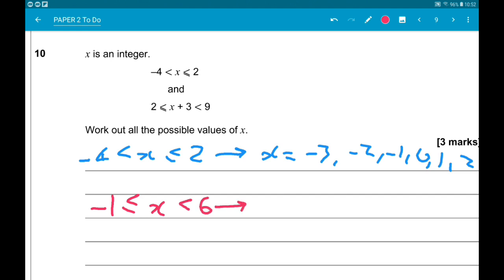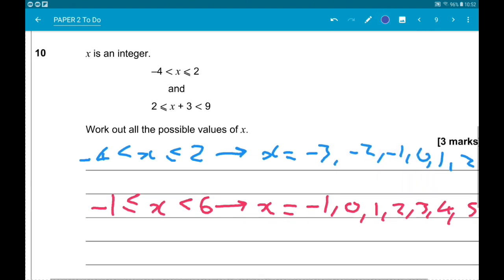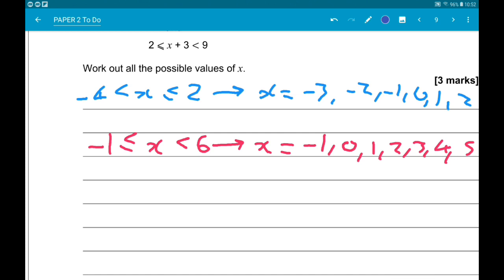So this one tells us x is allowed to be minus 1, 0, 1, 2, 3, 4, and 5. Now x is only allowed to be numbers that satisfy both. So x can be minus 1, 0, 1, and 2.